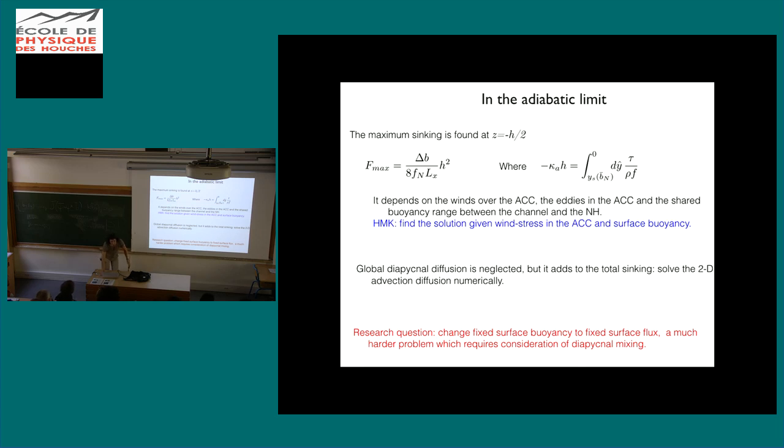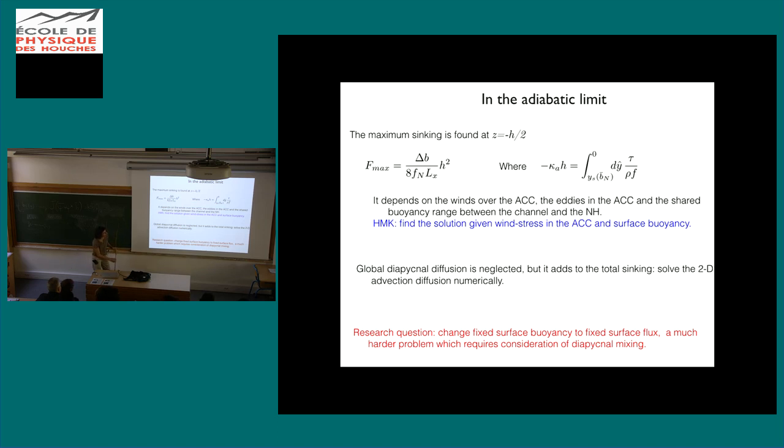Okay, so now, first of all, let me just say that this looks very easy because we essentially know the surface buoyancy. That helps tremendously. If you change to a condition which would be appropriate for salt, for fixed flux, it's hell. Can't do. At least I can't do it yet.